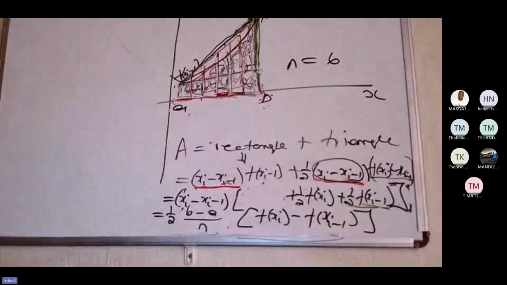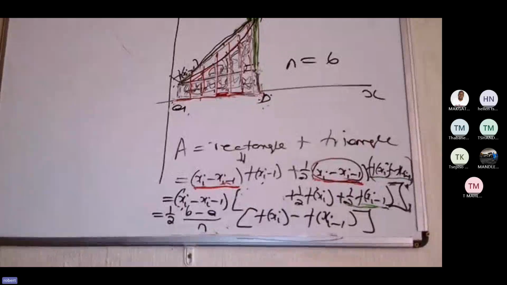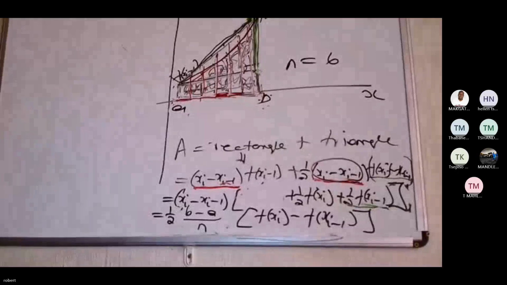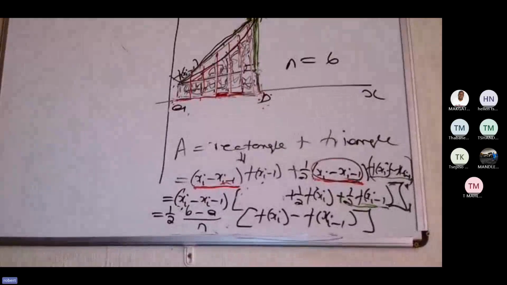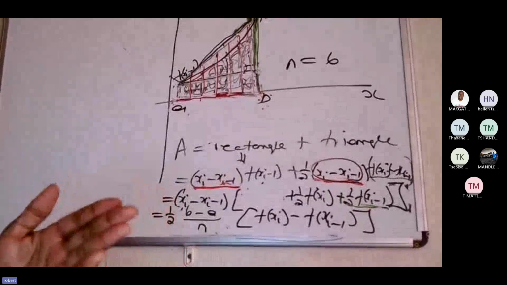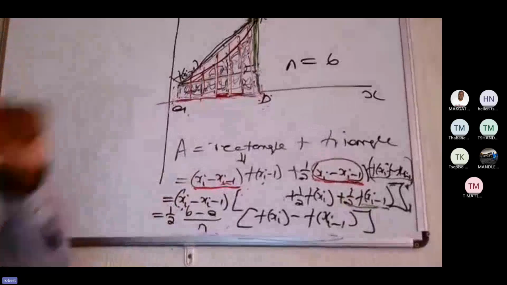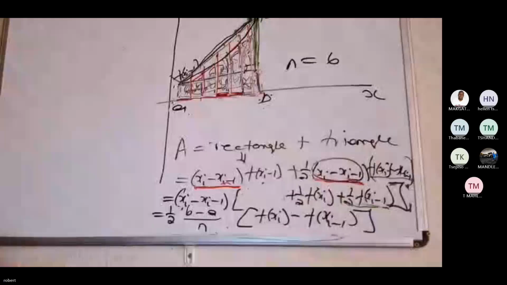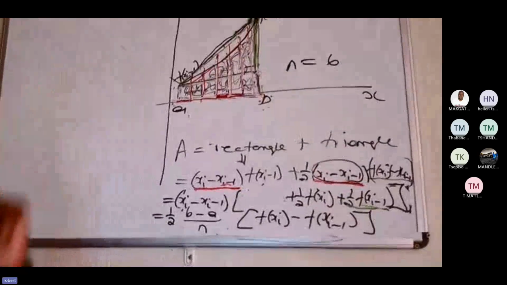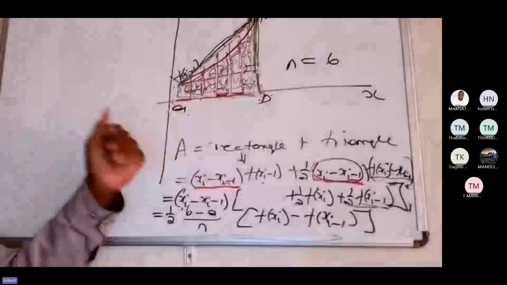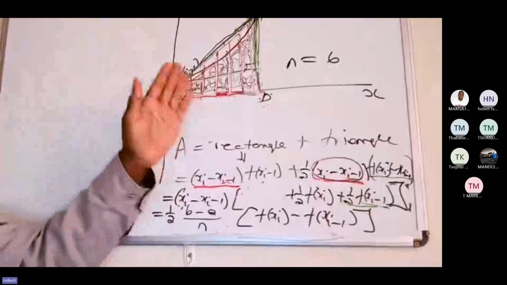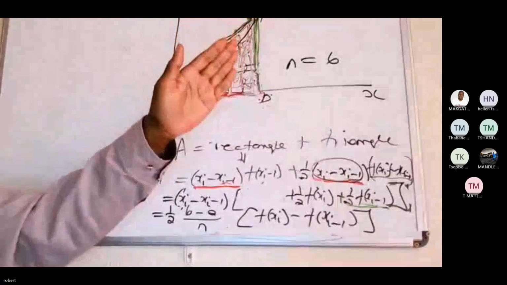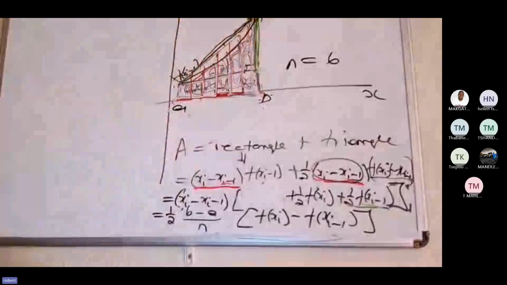It will depend on the question. We just have to answer the question. If they say use Simpson, you have to use Simpson. If the question is open, just saying find the area under the curve, then you can simply integrate, if it is integrable, and get the answer. That answer will be exact. But this one will be the approximation. It will depend on how many partitions, and the more partitions you have, the better the approximation.